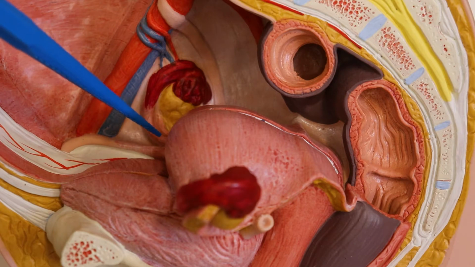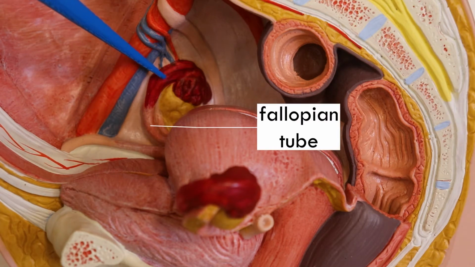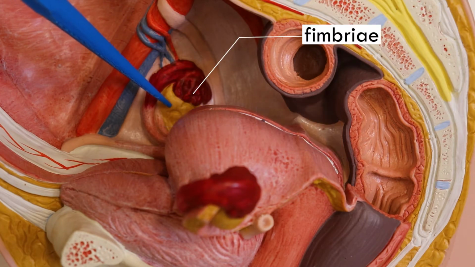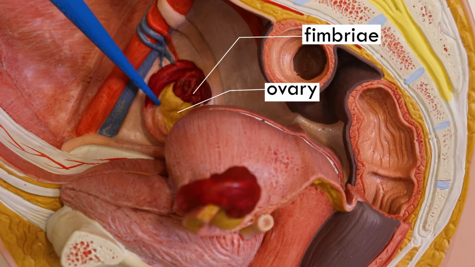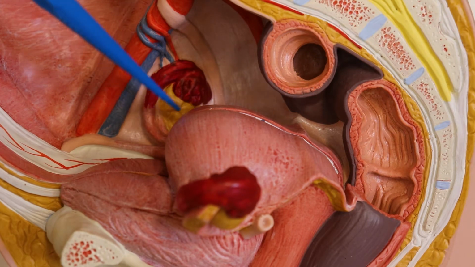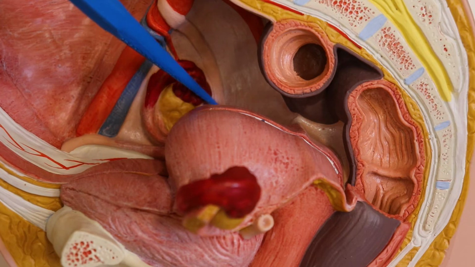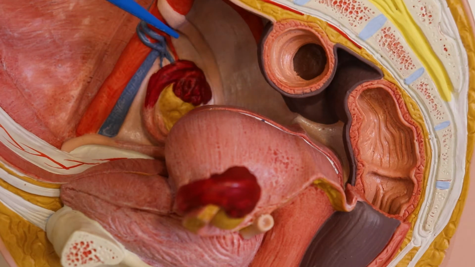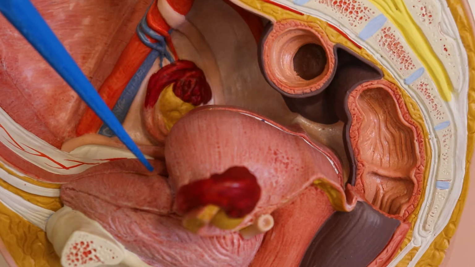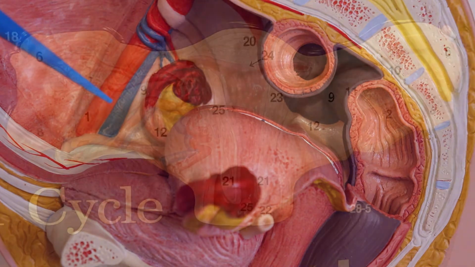Not too easy to see, but here's the fallopian tube with its fimbriae. This is the ovary. And then we'll see better views of the ovarian ligament. And then this is the ureter, emptying into the urinary bladder.